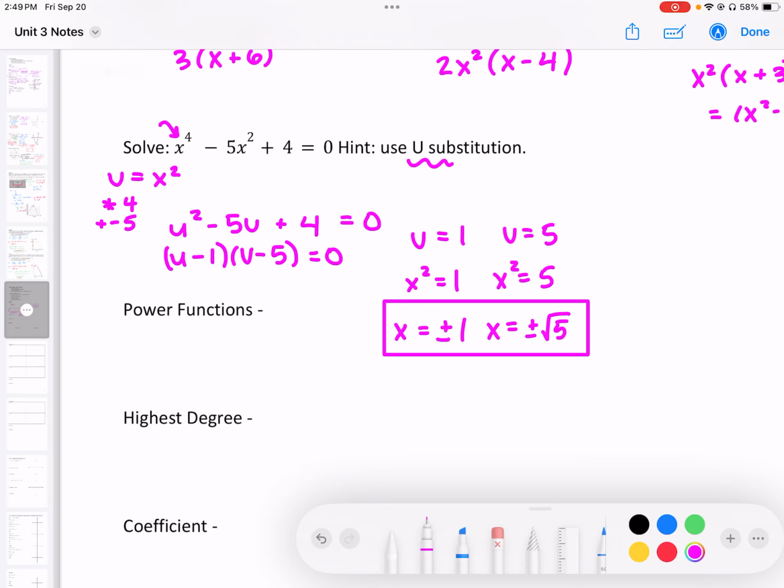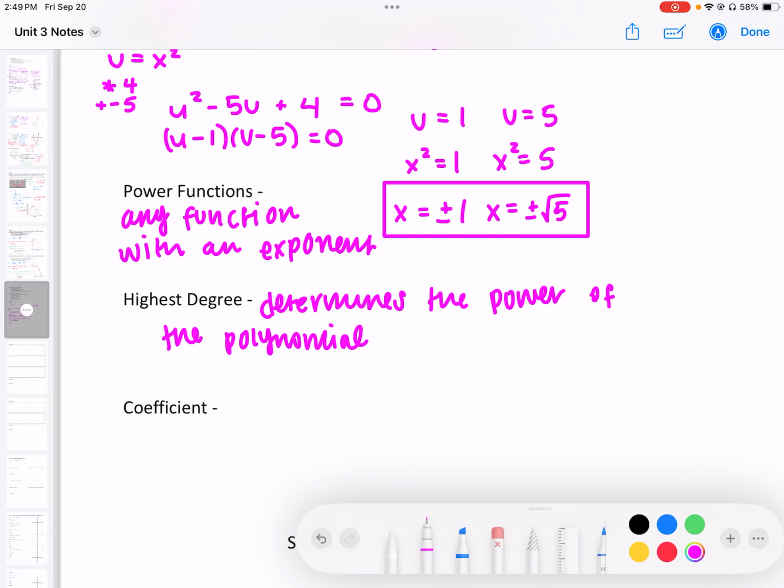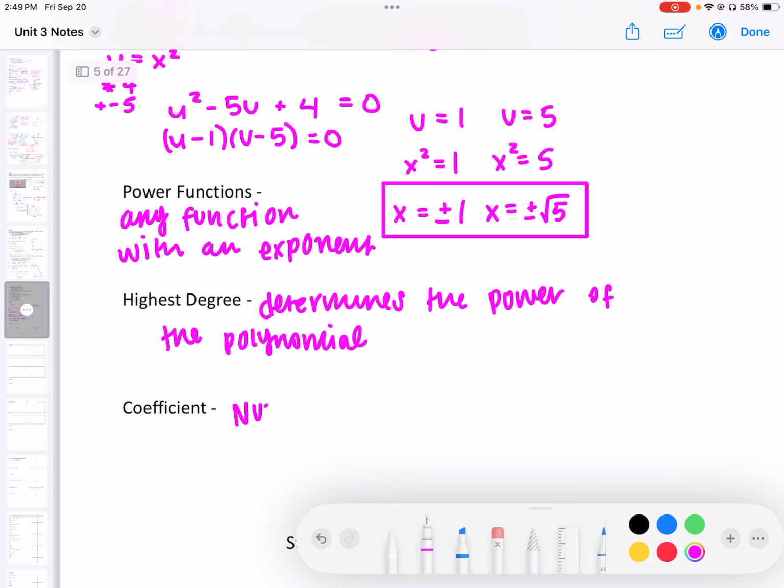Now, power functions are anything that have an exponent, any function with an exponent, and the highest degree determines the power of the polynomial. And the coefficient is the number in front of the variables.